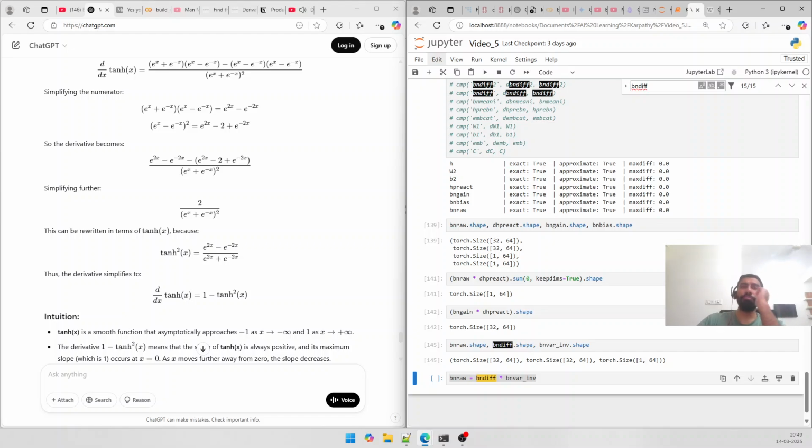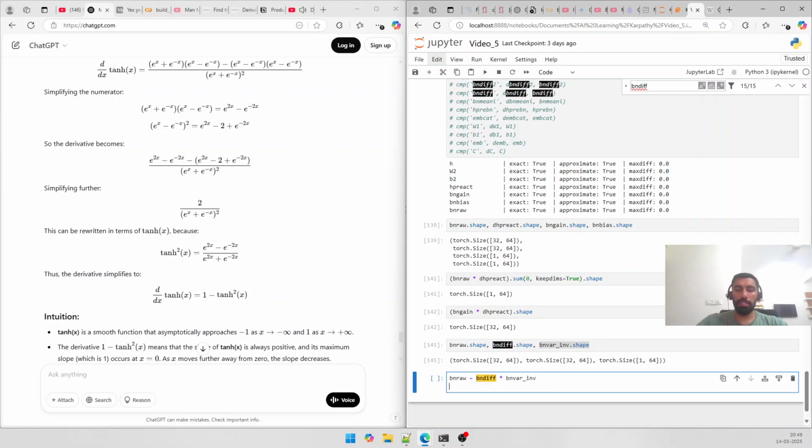Okay. So we are calculating with respect to this, okay? When we are differentiating, because it's a multiplication, it will be B and F into dB and raw.